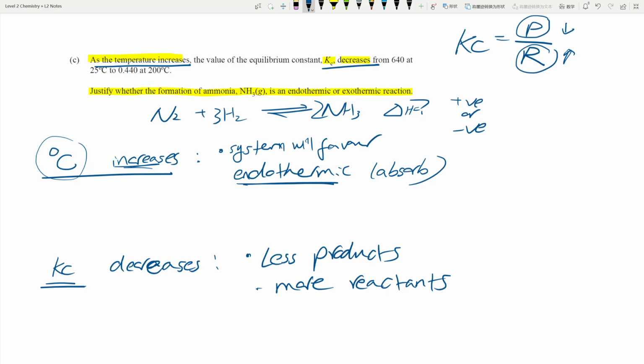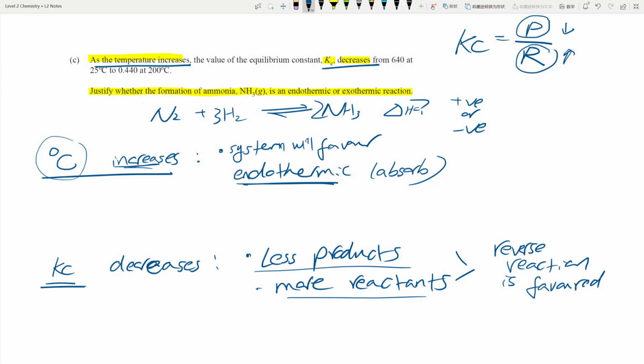If we have less products and more reactants, doesn't that tell me that the reverse reaction is favored? Yeah, because if you're increasing the temperature, you're producing less products, you're making more reactants.